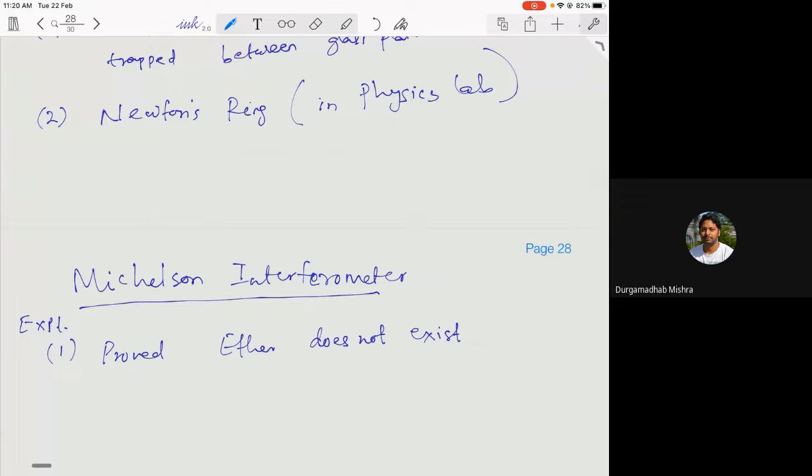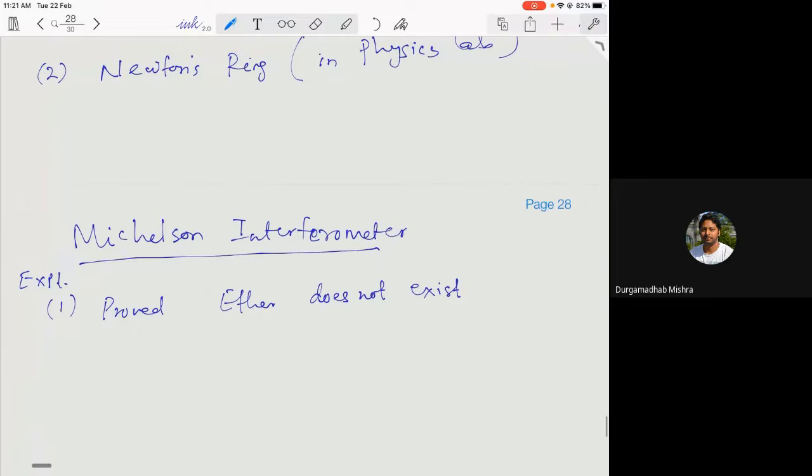To prove that, Michelson and Morley did an experiment. I will present the interferometer, and you can read the Michelson-Morley experiment, very nicely described in this book or any source. It is one classic example of the use of this Michelson interferometer.